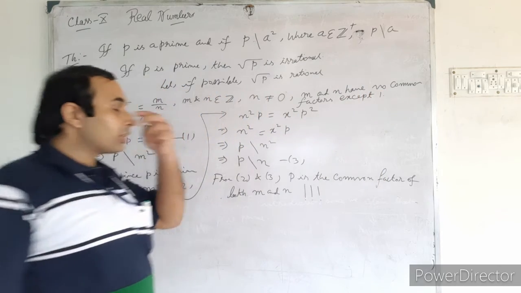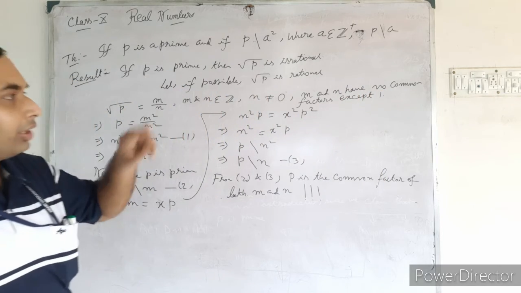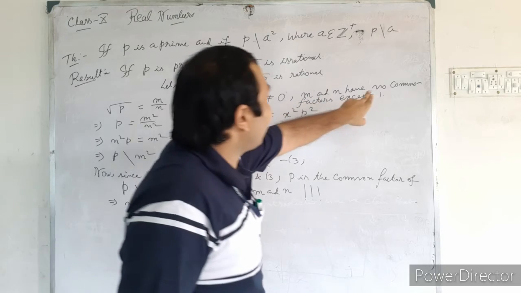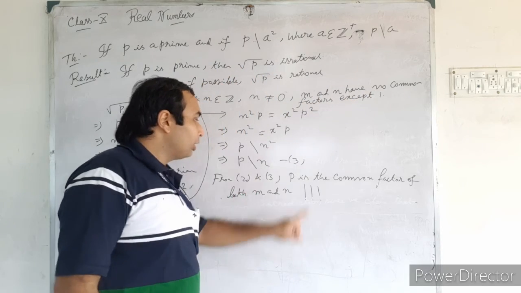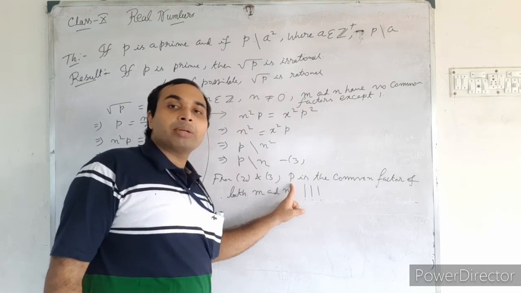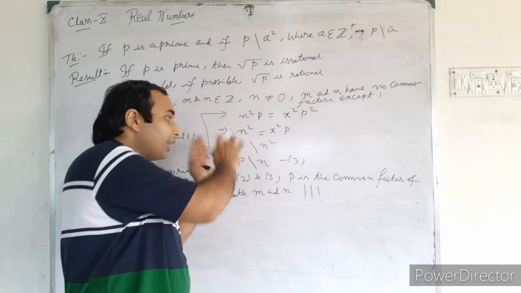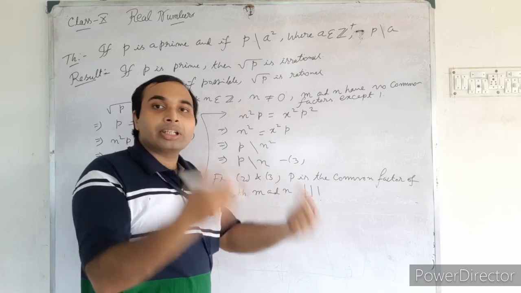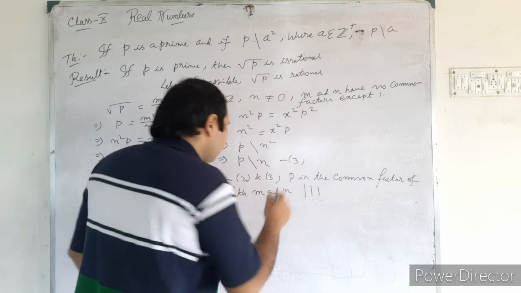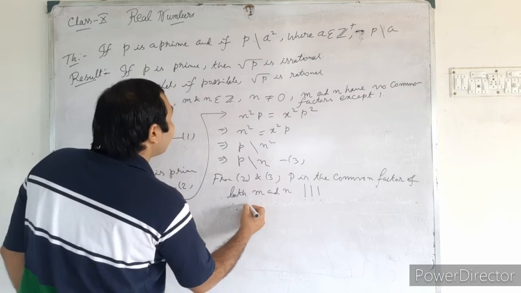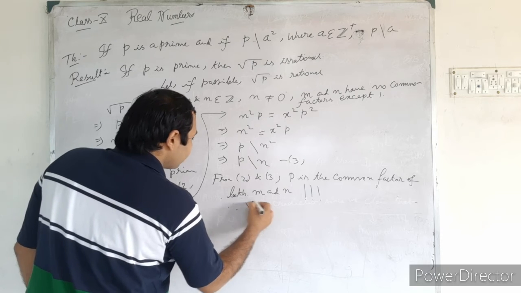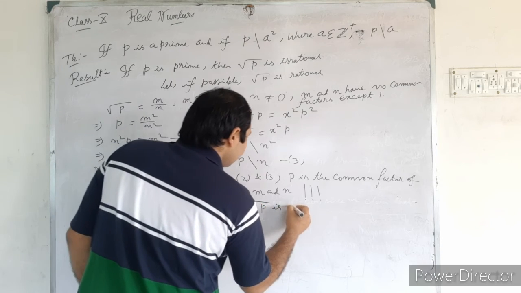This is the definition of rational numbers. But here we get P as a common factor of m and n. That is why it is a contradiction. What we claimed, we are proving our claim is wrong. So obviously root P is irrational.